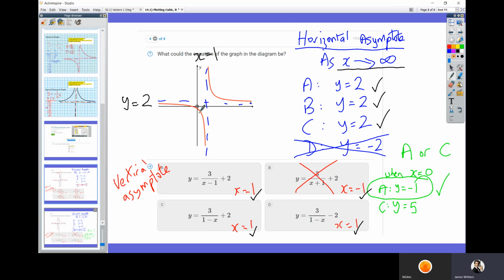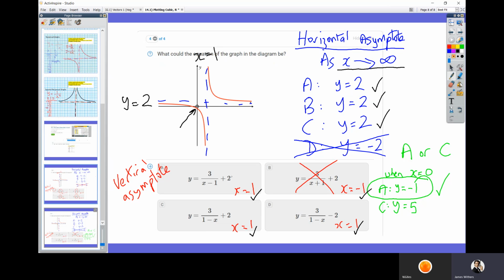Now, can you see when x equals 0, y is just slightly a negative number in the diagram? Okay, so what happens when we put x equaling 0 into both options A and C? With option A, when x is 0, we've got 3 over minus 1, which is minus 3. Minus 3 add 2 is minus 1. So when x equals 0, y equals minus 1.